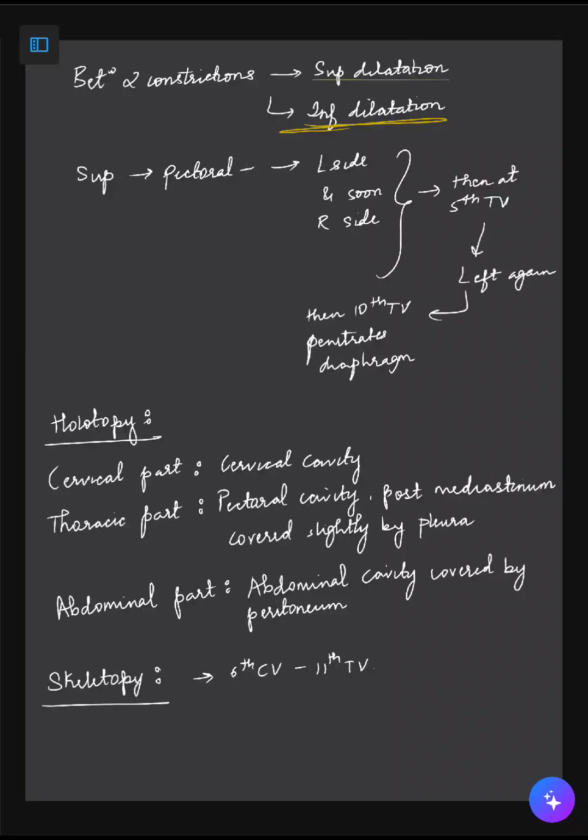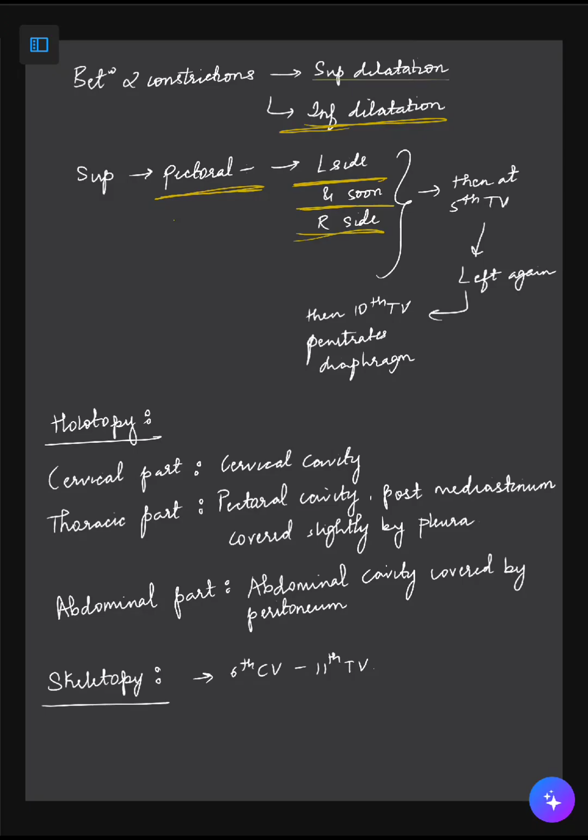Now see, there is a deviation of the esophagus. Superiorly, in the cervical division, it moves to the left side and immediately moves to the right side.